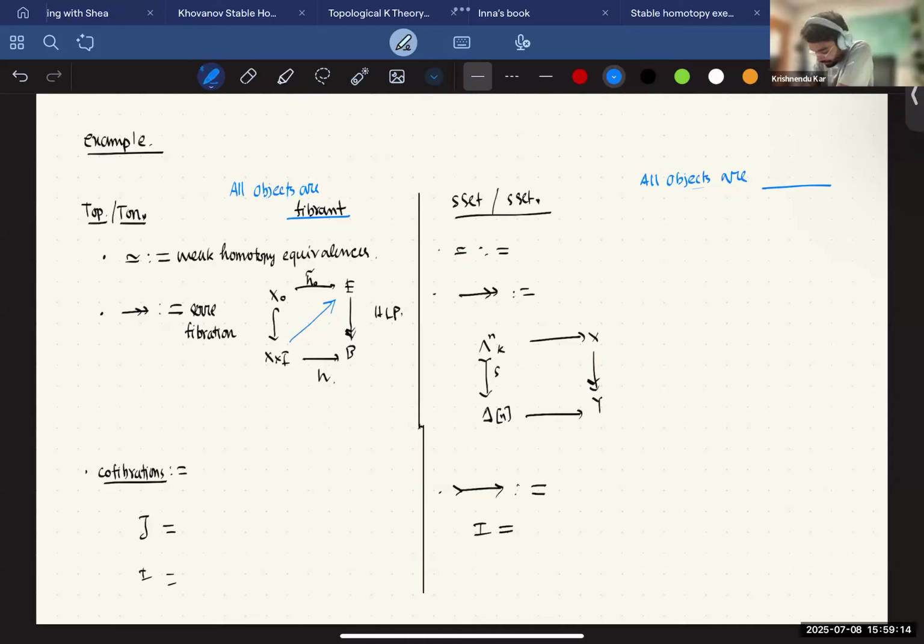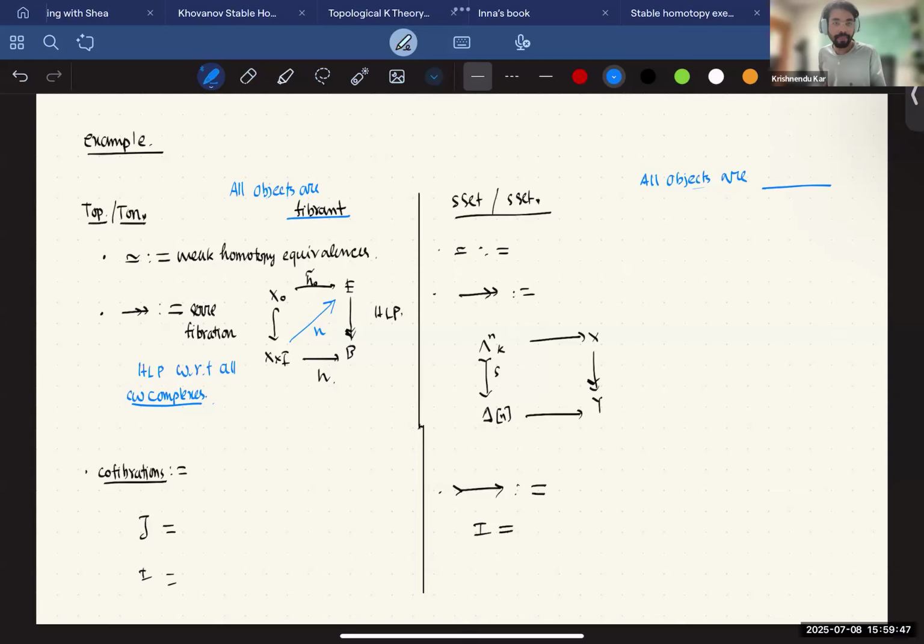If this exists, we call that property the homotopy lifting property. Now, what is a Serre fibration? A Serre fibration means that I have the homotopy lifting property with respect to all CW complexes.